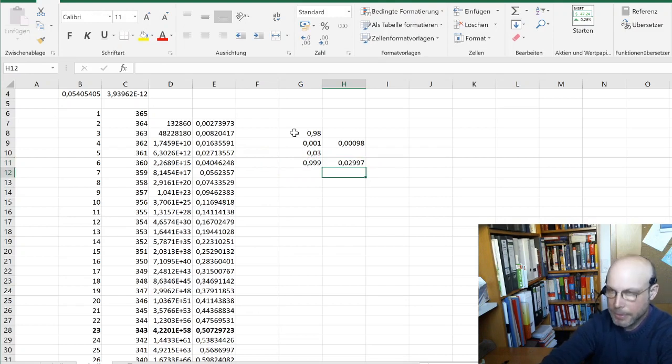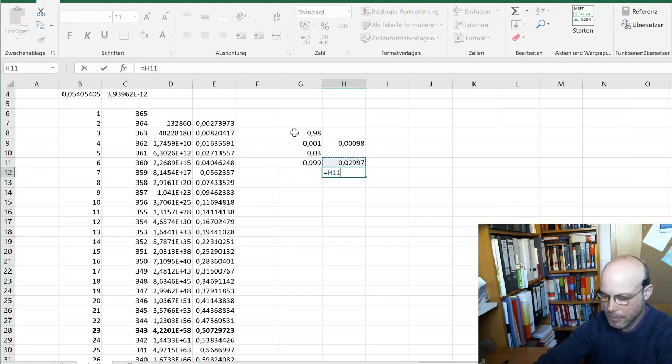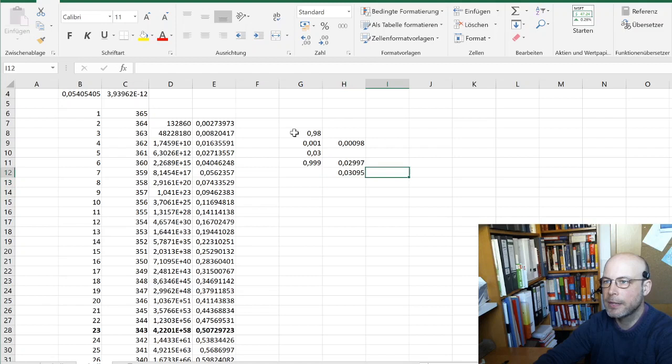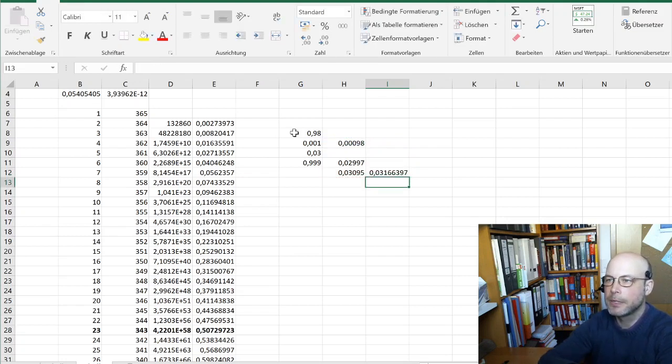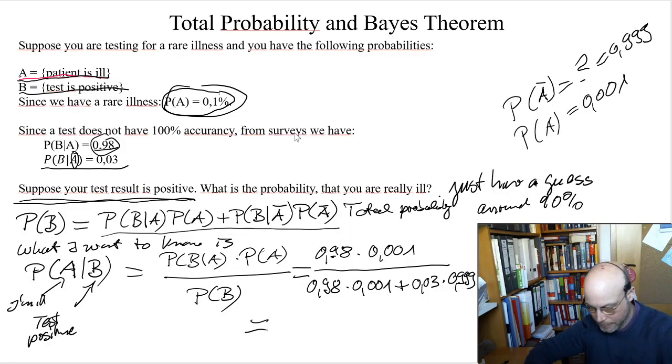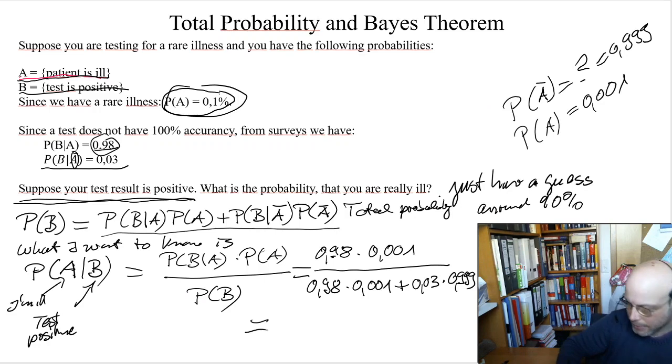Then we sum it up, this plus this, and in the end we have to divide this by this number. And here we are. Our result is very surprisingly, I think, 3.2%.